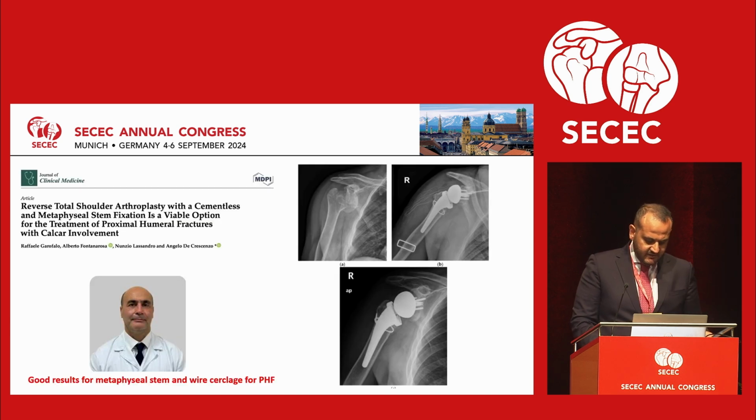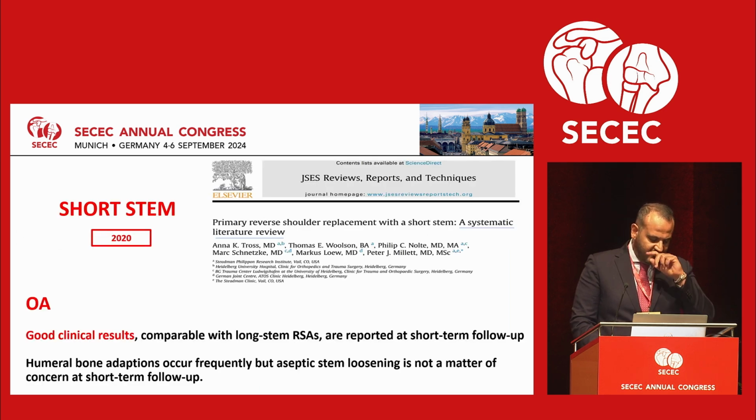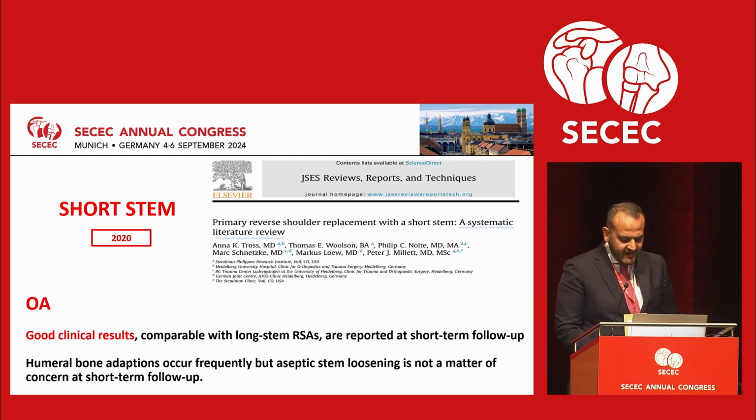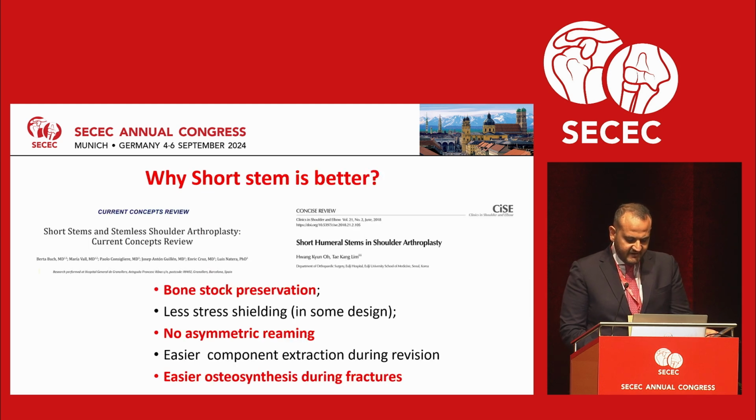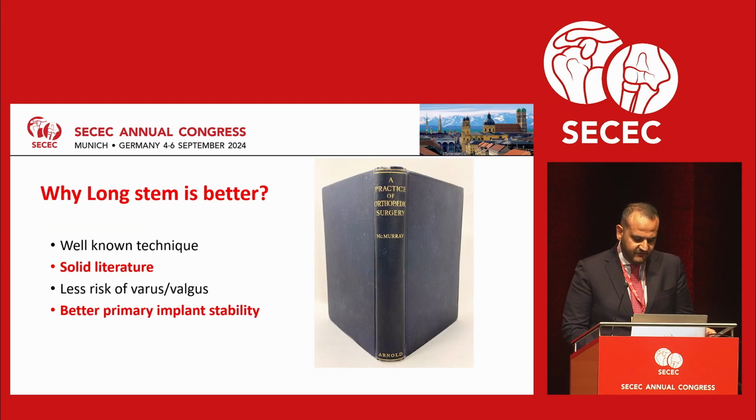In recent years, Raffaele Garofalo published good results with a metaphyseal stem with cerclage for proximal humeral fracture. Short stem is commonly used in osteoarthritis with comparable results, also in terms of radiographic loosening. Why is the short stem better? For bone stock preservation, non-asymmetric reaming, and easier osteosynthesis during fracture.